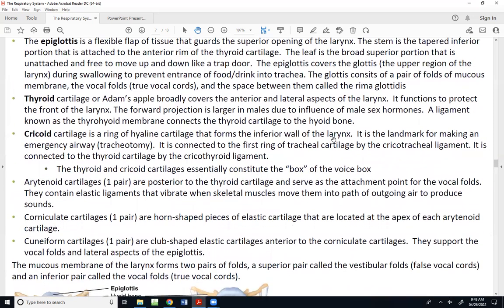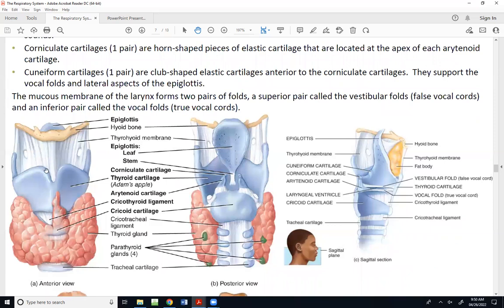The function of it is to protect the front of the larynx, and it is more forwardly projected in men because it's larger, and that is due to the influence of the male sex hormones, especially testosterone. A ligament known as the thyrohyoid membrane connects the thyroid cartilage to the hyoid bone, which is where that name thyrohyoid membrane comes from.